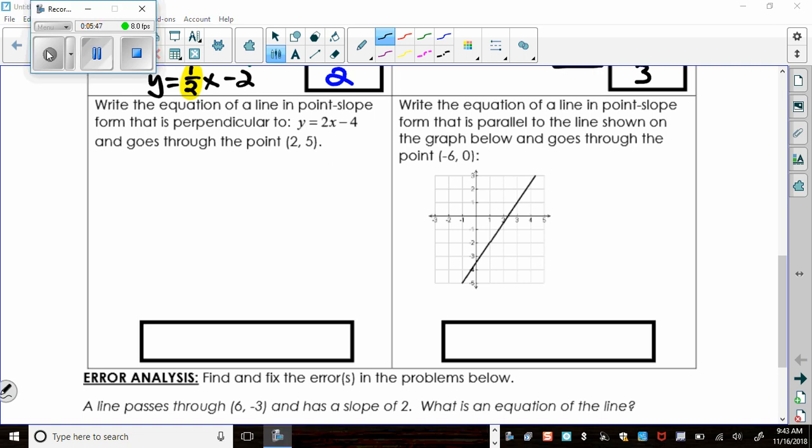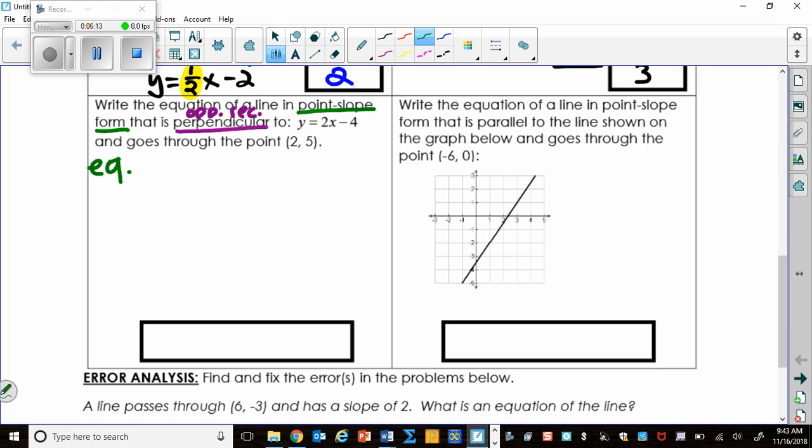Alright, so write the equation of a line in point-slope form, so that's important. That is perpendicular. So I have opposite reciprocal to the equation y equals 2x minus 4 and goes through the point (2, 5). Alright, there's a lot going on here. So just a couple of things. I want my answer, my equation, in point-slope form.